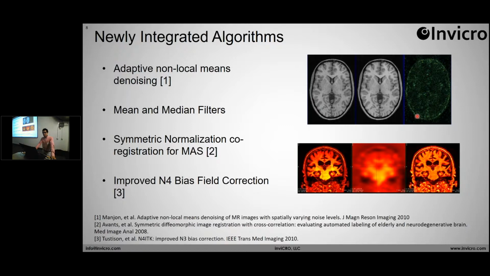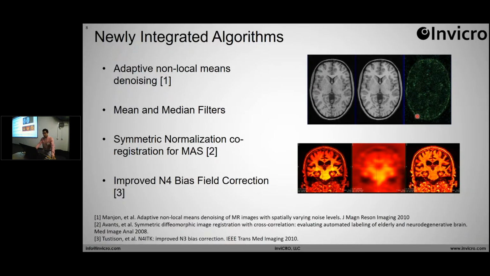The adaptive non-local means denoising filter is an excellent denoising filter coming out of UPenn and Brian Avants, and there we have essentially a local moving window that looks in the neighborhood of each pixel, finds the similarity between its neighbors and the pixel that you're trying to denoise, and interpolates what the new pixel value should be.